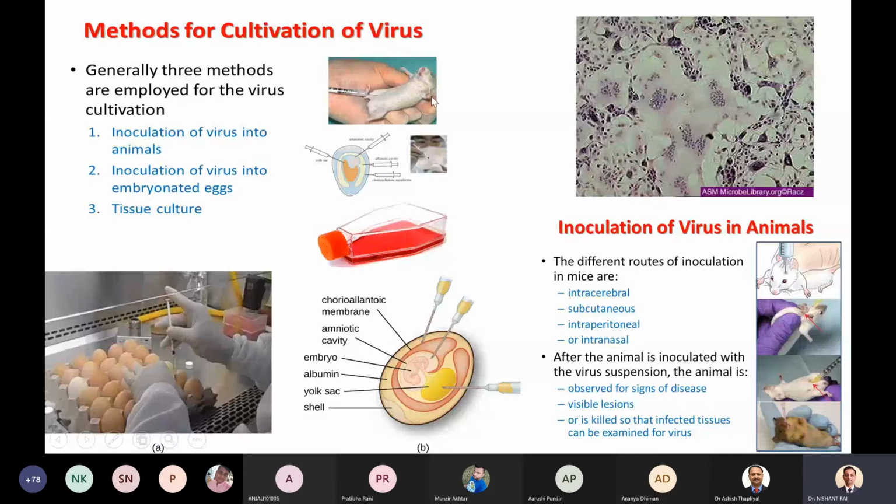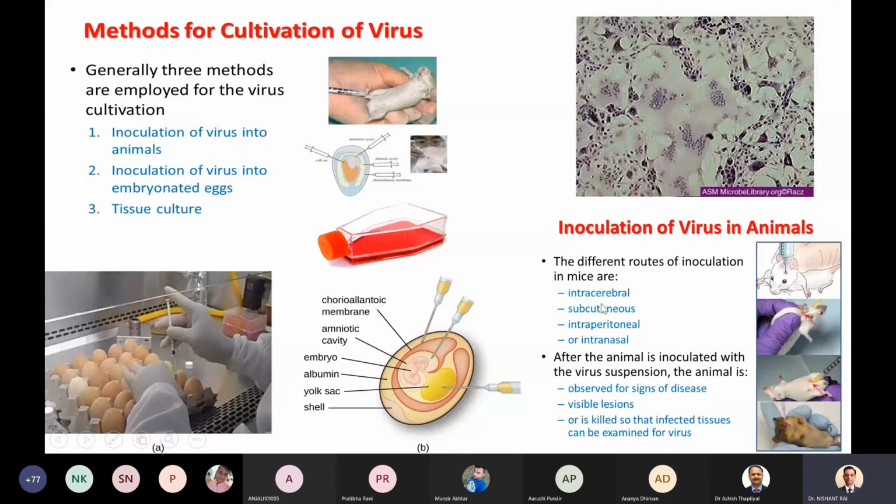So we select small animals, including mice, and there are different types of inoculation routes like intracerebral, subcutaneous, intraperitoneal, intranasal. Again, these different routes depend upon the purpose of your study.